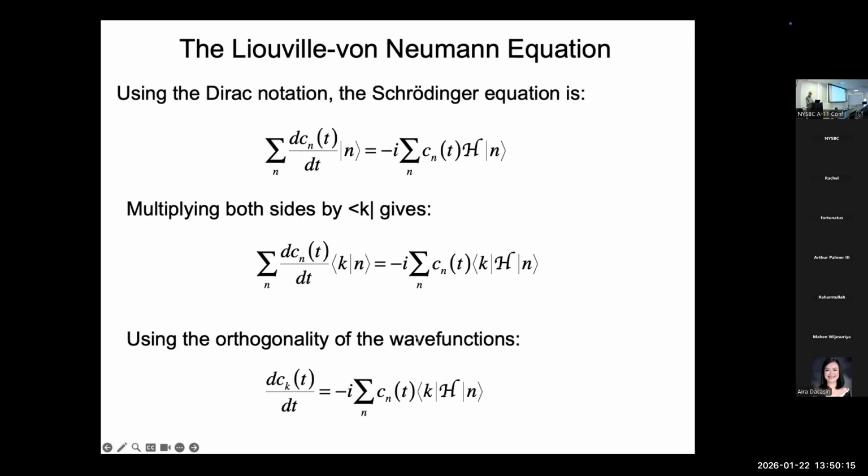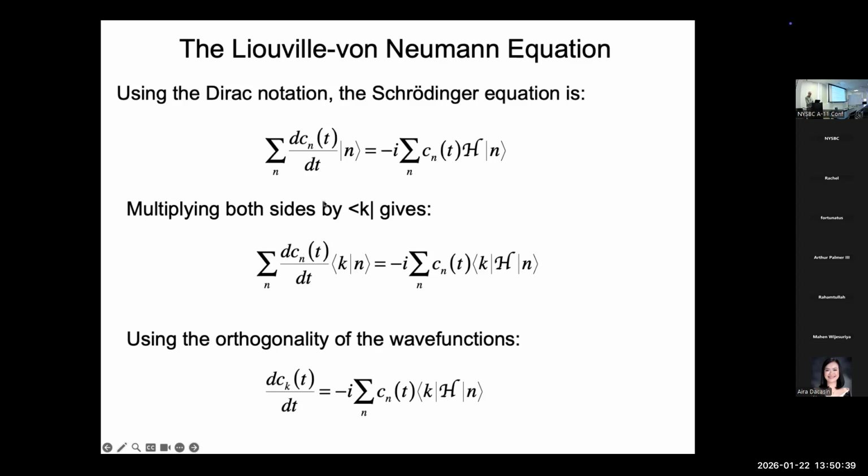So we have to convert the Schrodinger equation into an equation for the density operator. And we start by writing the Dirac expansion for the wave function as shown here. And you can kind of see what's going to happen.